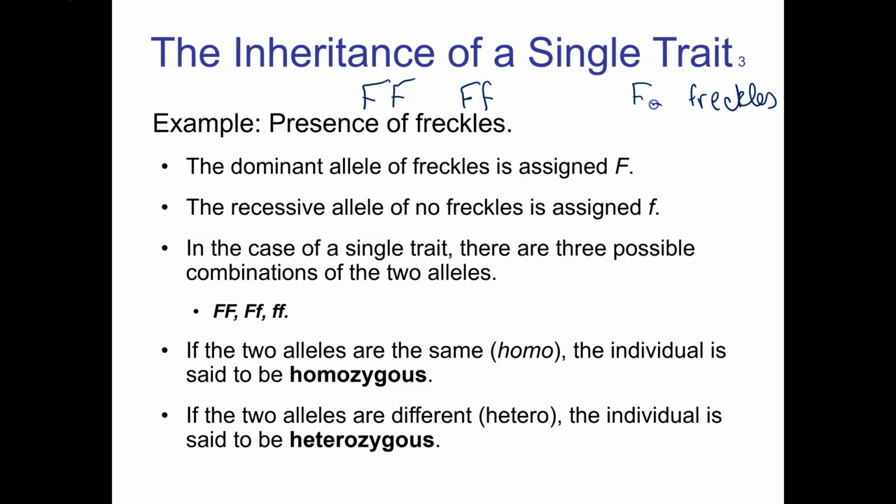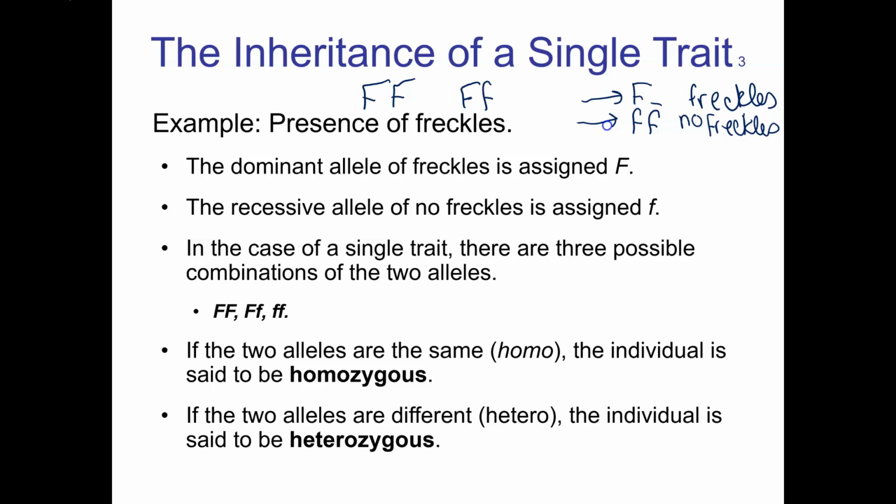So that line just indicates that you have two alleles, but one of them is dominant. If you are recessive, then you're going to have little f, little f. It's the only way you have no freckles. So you're either going to have freckles here or you have no freckles, okay?